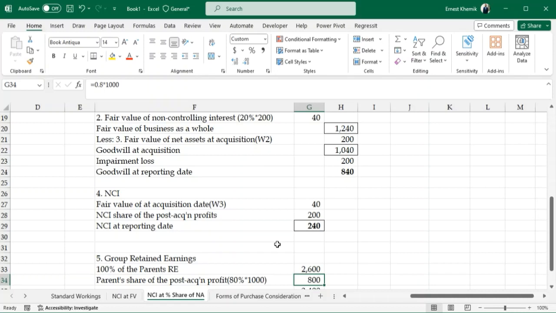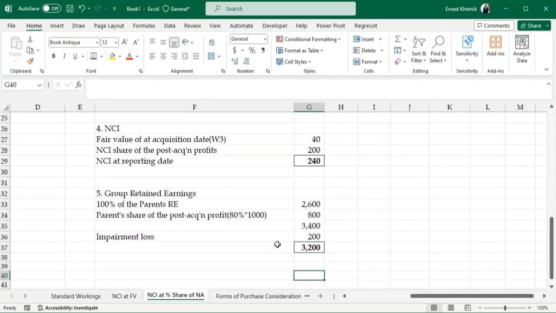The identifiable net assets do not include the goodwill element. That is why we do not share impairment loss to NCI when you are measuring the NCI at the percentage share of the identifiable net assets.